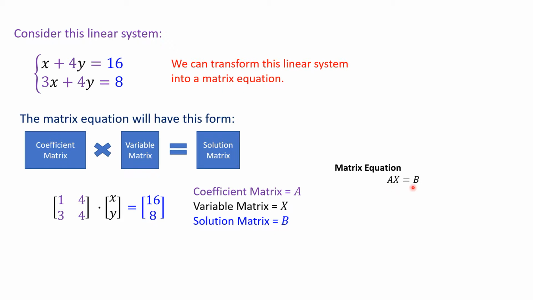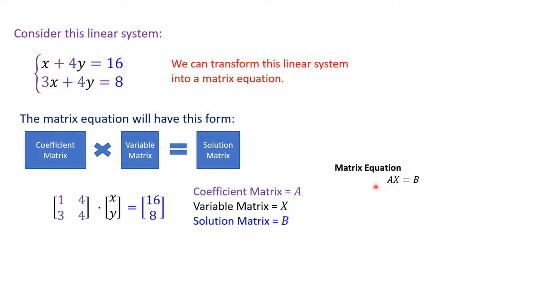Now I realize A and B are matrices, so this is not just a very simple linear equation, but pretend it was. If we had a linear equation 2 times x equals 4, we would simply divide both sides by 2 to solve for x. Now with matrices, we do not divide matrices. So what we have to do instead of dividing by A is multiply by the inverse of A. Technically we'll multiply both sides.